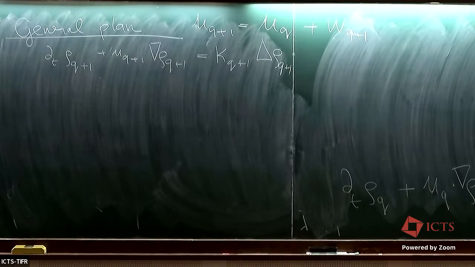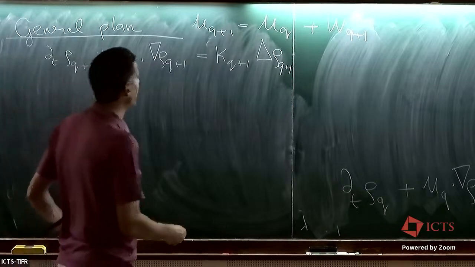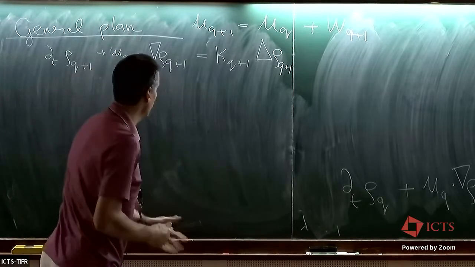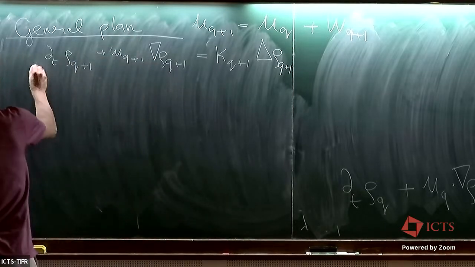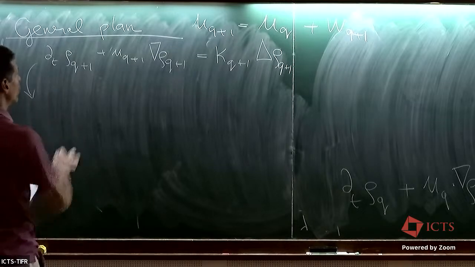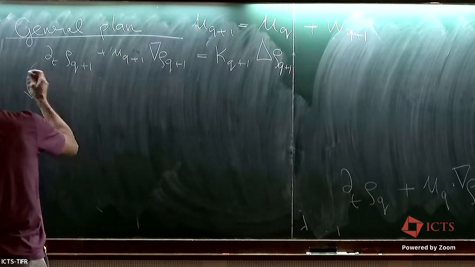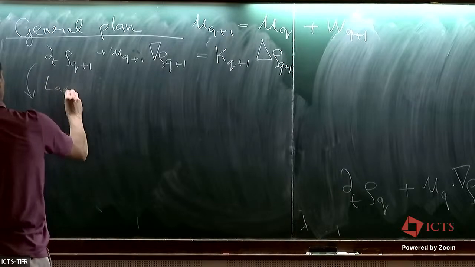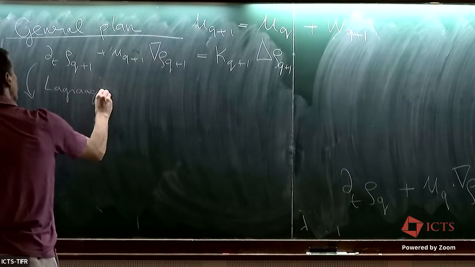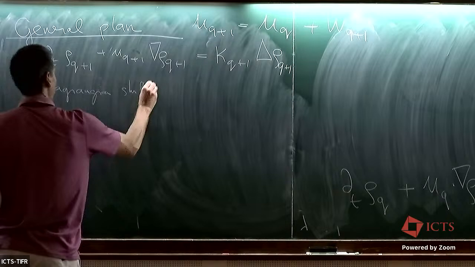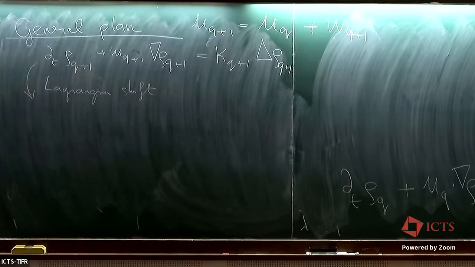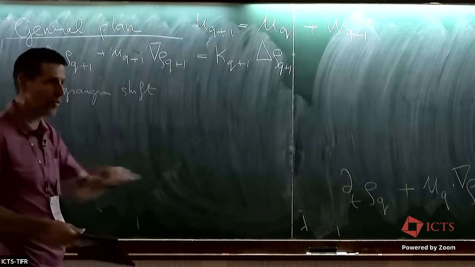So I have this homogenization methodology, but there are several steps. So the first step is actually to deal with this. Let's call this Lagrangian shift. I have to essentially change my coordinates into the coordinates that the particle sees that is moving with the flow of UQ, okay? Because then the UQ is somehow not there anymore.